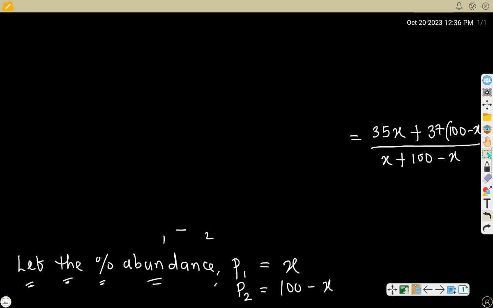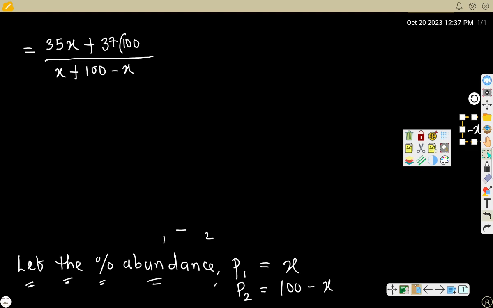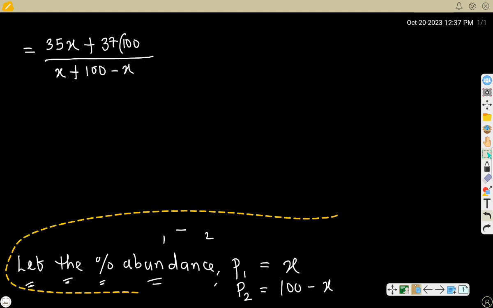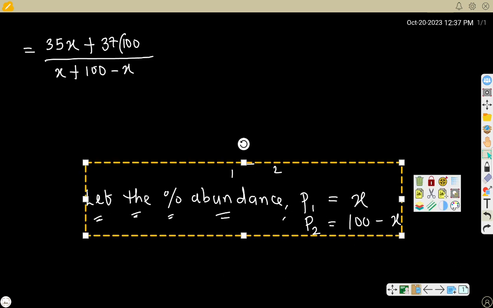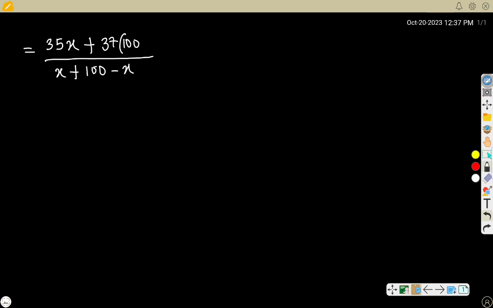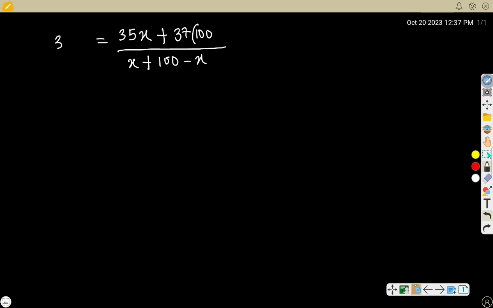So I'll write that again. Remember your P1 and P2. Here we have 35.5 equals 35X plus 37 times the bracket 100 minus X, over X plus 100 minus X, using the same formula.